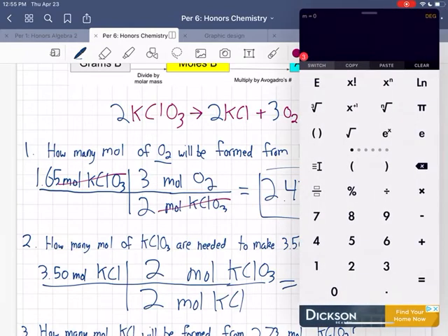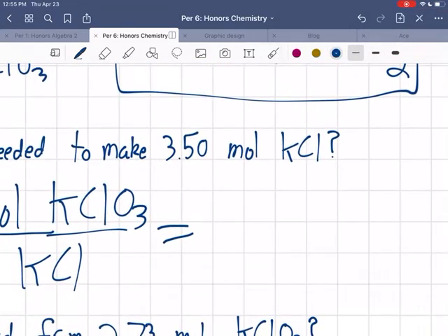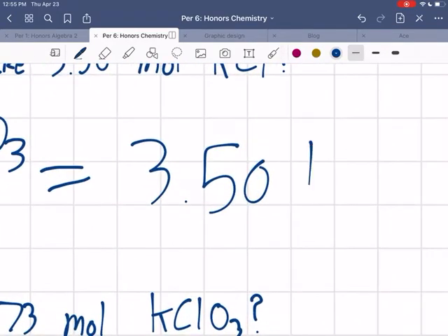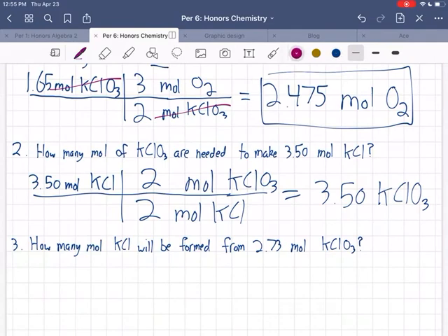So, I really don't need a calculator for this, but I do want to make sure that I show you this. If we multiply by 2 and then divide by 2, it's not going to change our number. We're going to have 3.5 moles of KClO3.